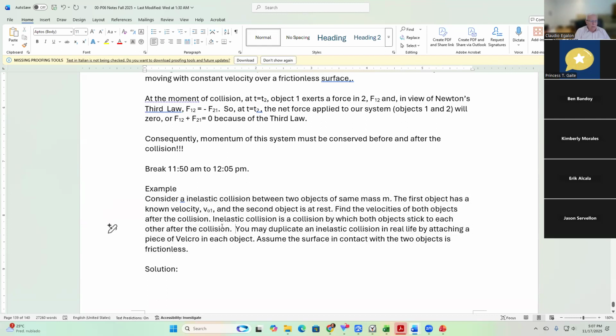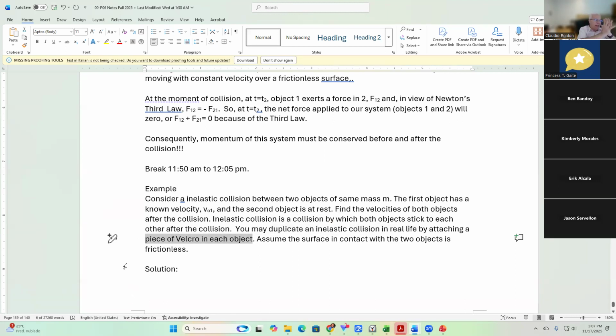Is it possible to duplicate an inelastic collision in real life? Okay, this is not just an idea. It is possible. Inelastic collisions do exist in real life. One way of reproducing an inelastic collision is by attaching a piece of Velcro to each object.